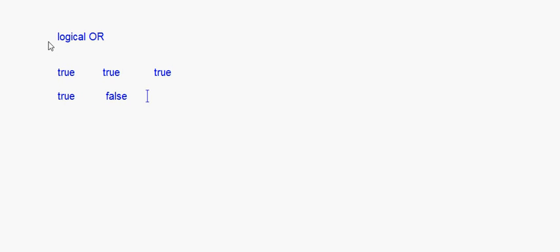Even if one of them is true, the result is true, right? False or true is also true, and if both are false, then obviously the result will be false. This one is the first expression, this is the second expression, this is the result, right?